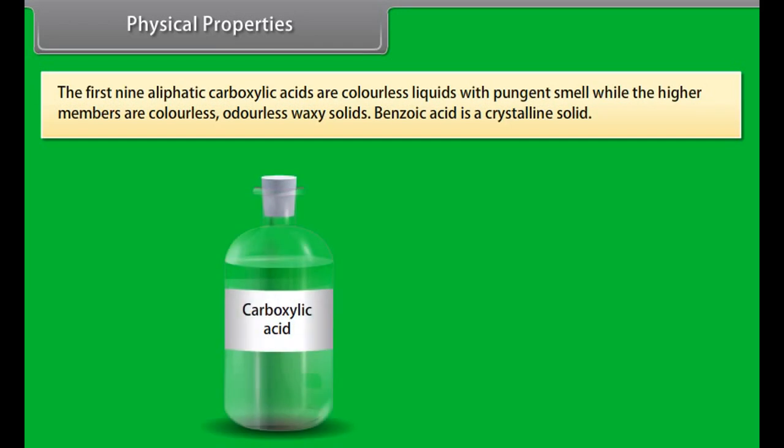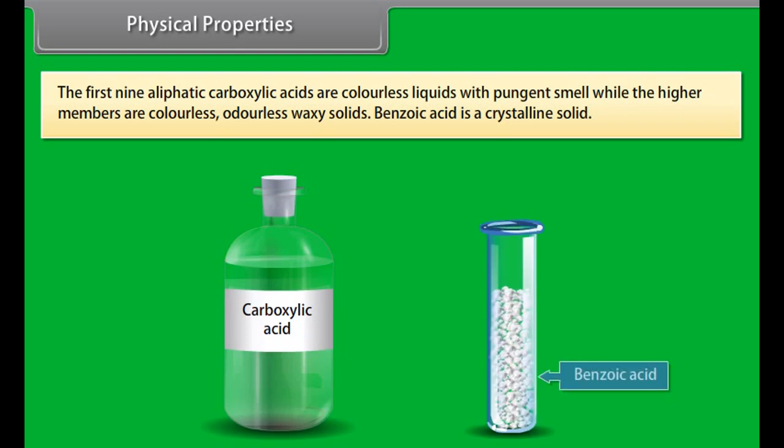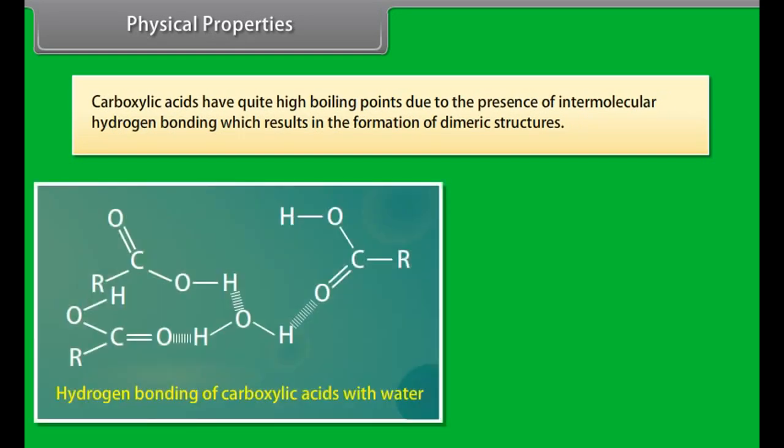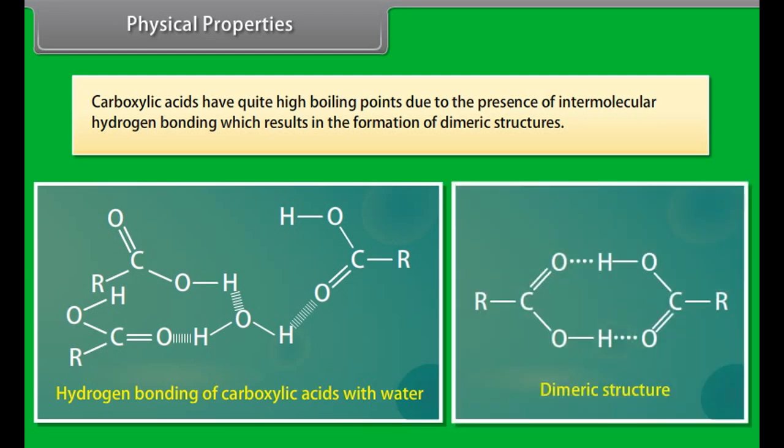Physical properties. The first 9 aliphatic carboxylic acids are colorless liquids with a pungent smell, while the higher members are colorless, odorless, waxy solids. Benzoic acid is a crystalline solid. Carboxylic acids have quite high boiling points due to the presence of intermolecular hydrogen bonding, which results in the formation of dimeric structures.